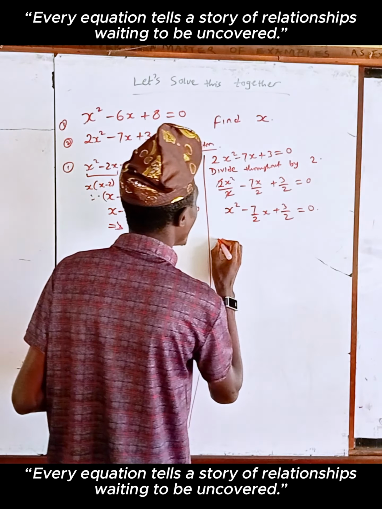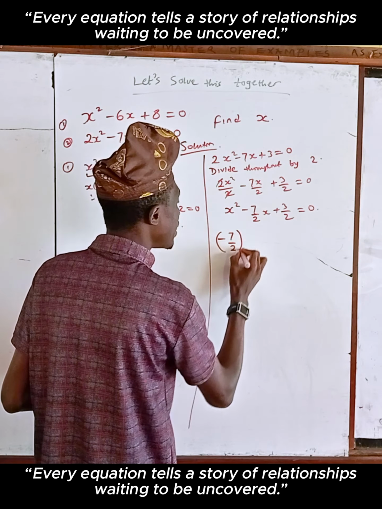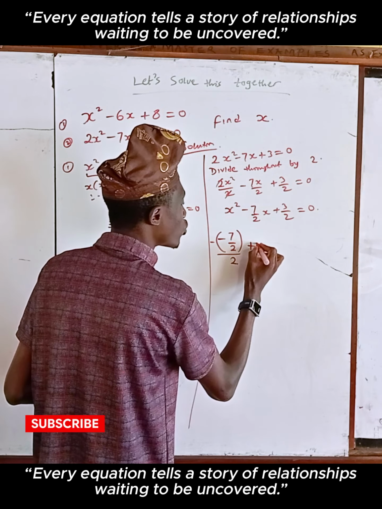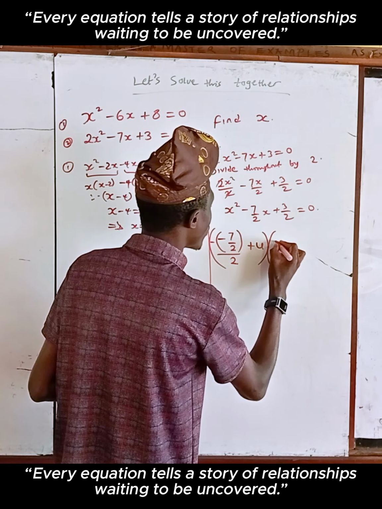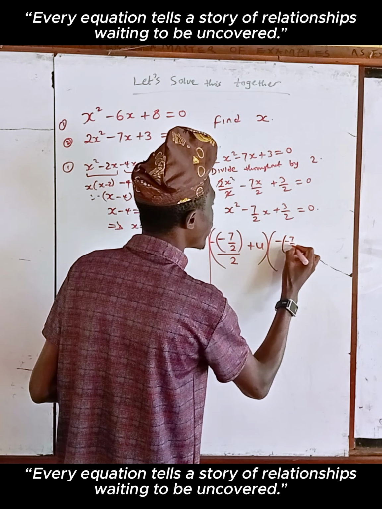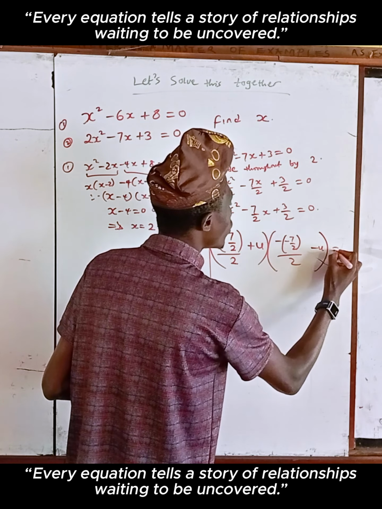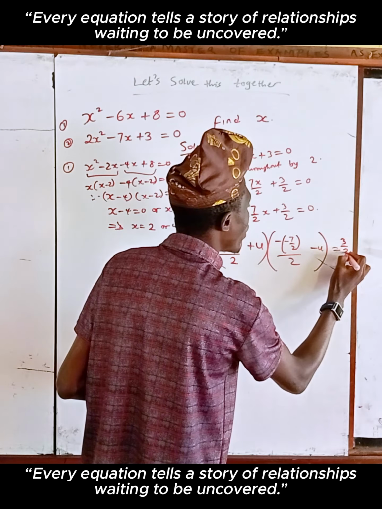So we are going to have minus 7 divided by 2. Now take the negative value of it, divide it by 2. Now add it to an unknown variable that you don't know. So we have minus into minus 7 over 2 divided by 2, then minus u. Now equate it to the value of c that you have here, which is 3 over 2.